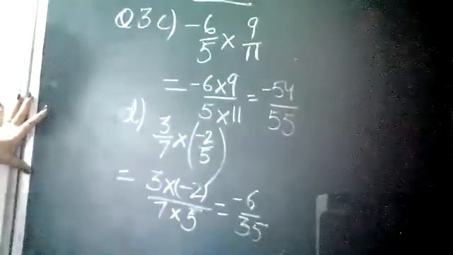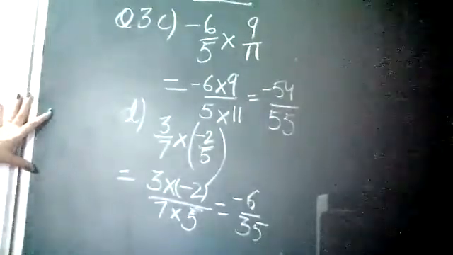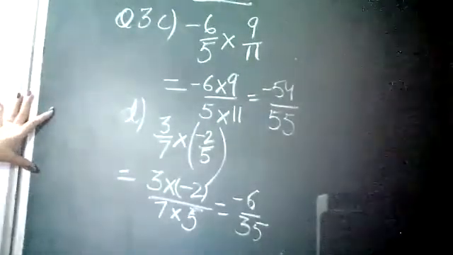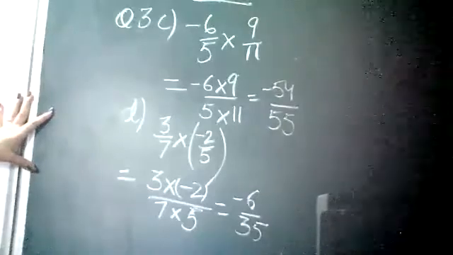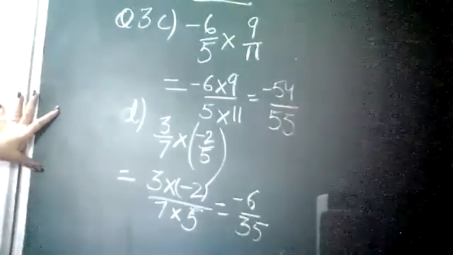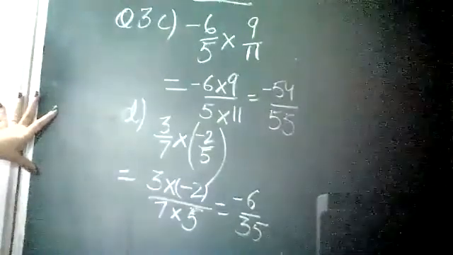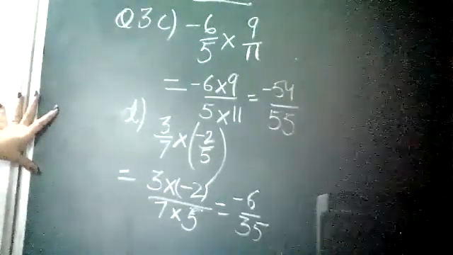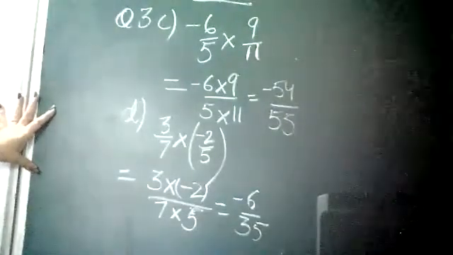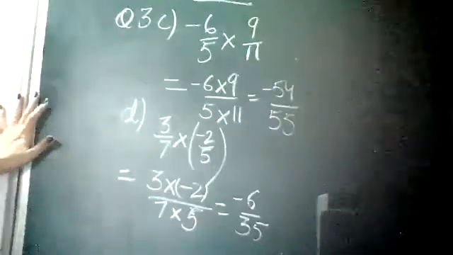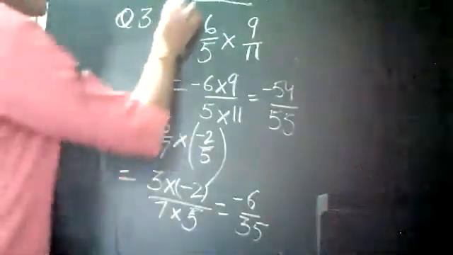Ma'am, this is a proper fraction as numerator is smaller than the denominator, so we are not going to convert it into the mixed fraction. Absolutely right. Very good. Is this question clear with everyone? Let's start with the E part.